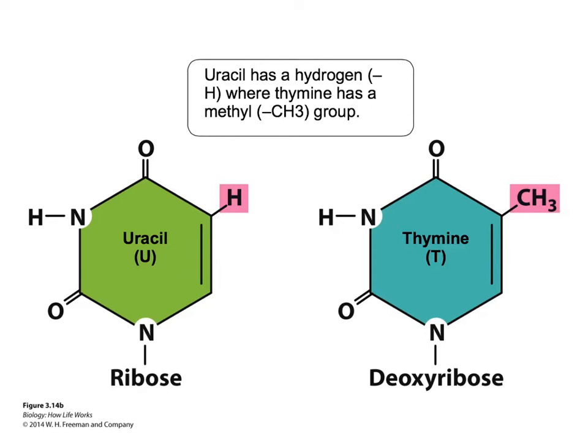The reason it's believed that uracil is used in RNA is that it is a breakdown product of cytosine. So if you took cytosine, it becomes uracil. Because uracil is not supposed to be in DNA, it's easy to repair this.